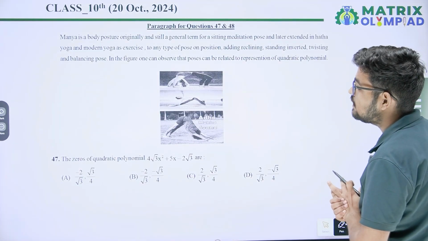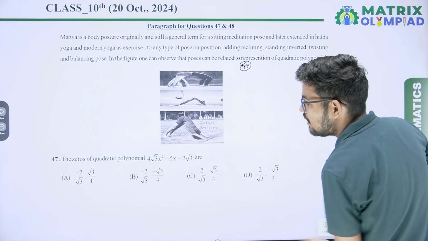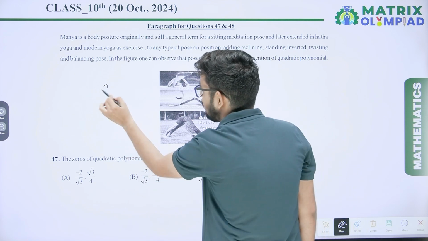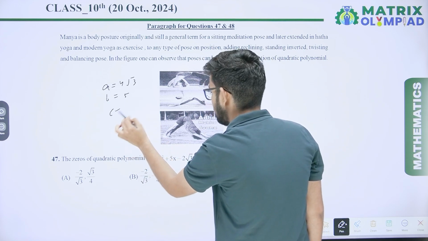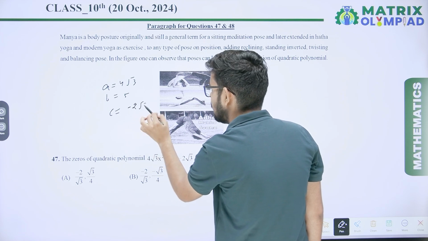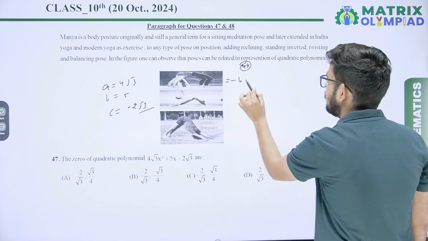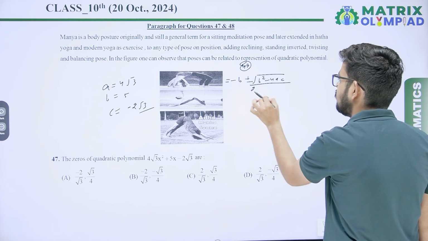Paragraph 4, question number 47 and 48. So in 47, it is asking the zeros of the polynomial. So here a equal 4 root 3, b equal 5, c equal minus 2 root 3. So we can use the quadratic formula, that is minus b plus minus root of b square minus 4ac upon 2a.